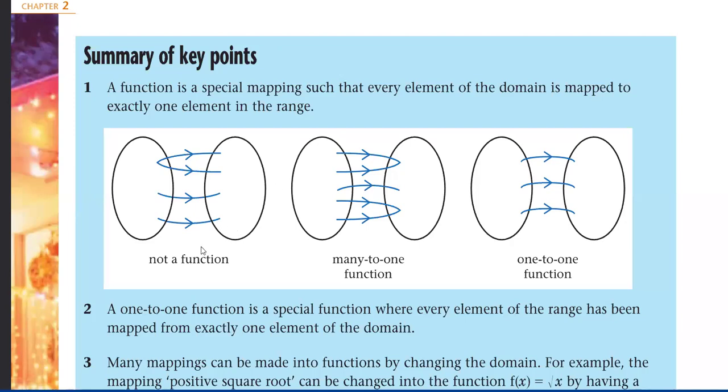Also, you have to know about three main functions. One is the one-to-one function. That means it has only one solution for given x values. For given x values, only one solution for y. Like this, we call one-to-one.